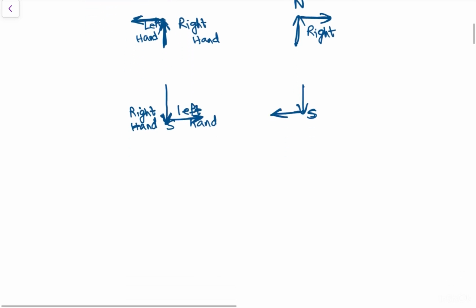Similarly, say you are standing in an eastward direction. Where is your left hand? You are facing east, so your left hand is this side and right hand is this side.